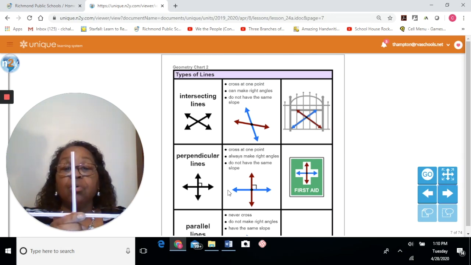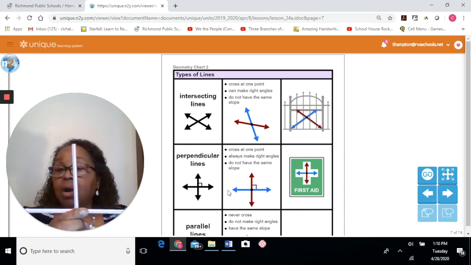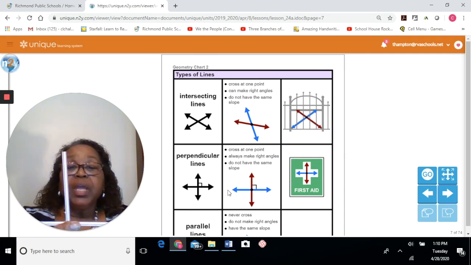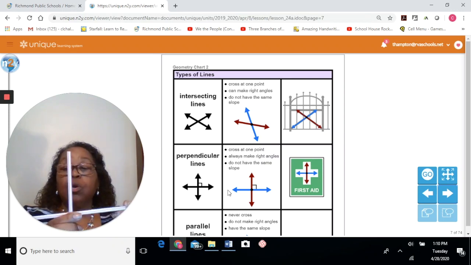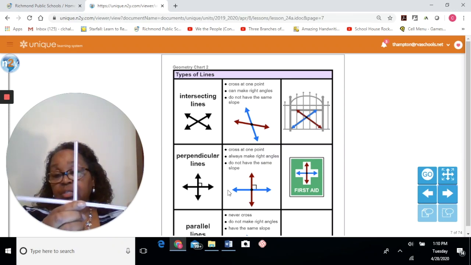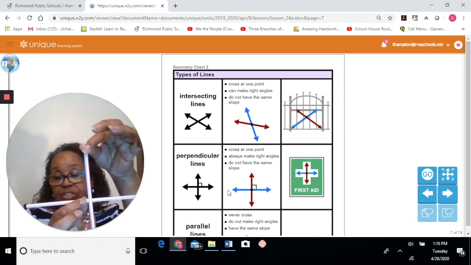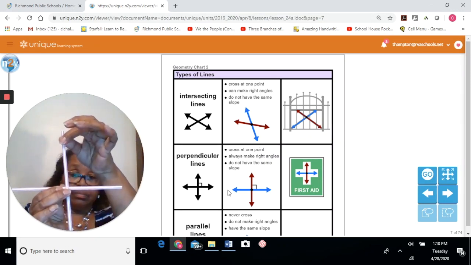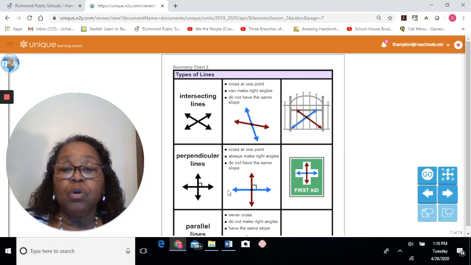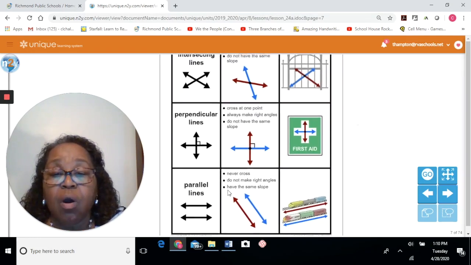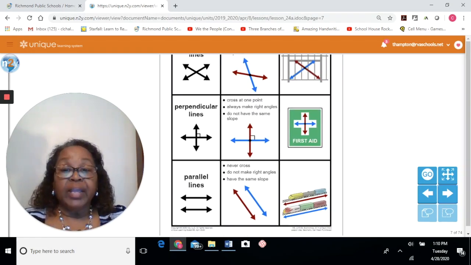They come together, they cross at one point, they always make right angles. Always, always, always. And they do not have the same slope. One is going in this direction, that's the way it slopes, and the other one is going in another direction. Perpendicular always has to have a right angle.